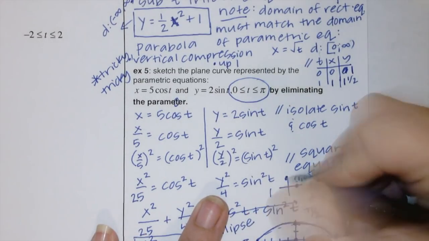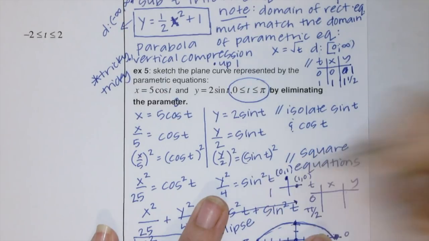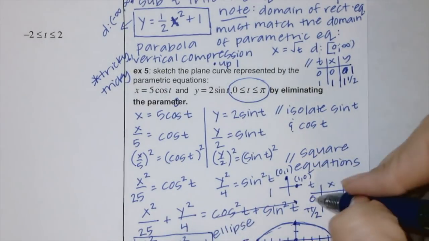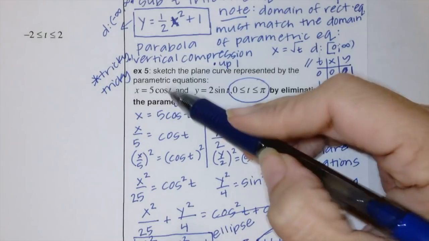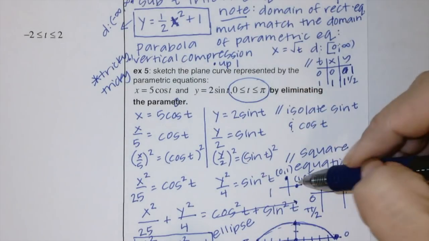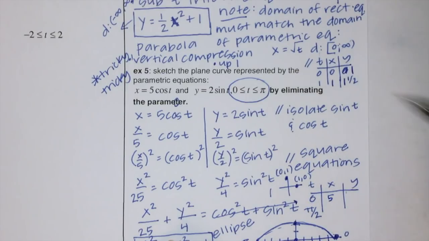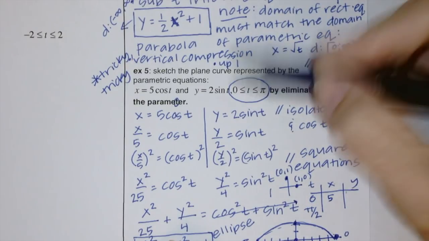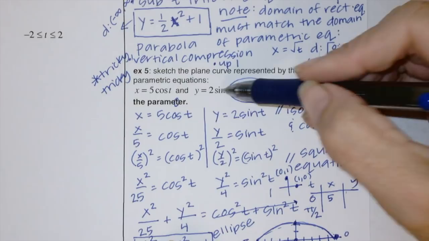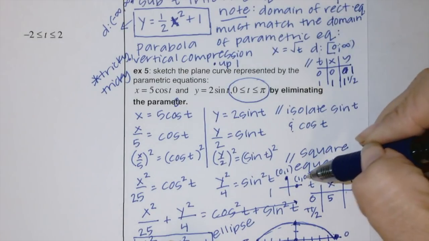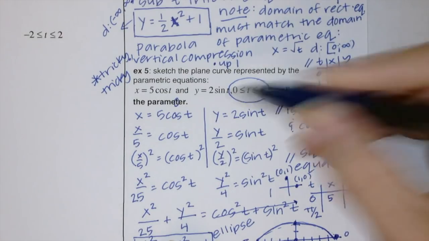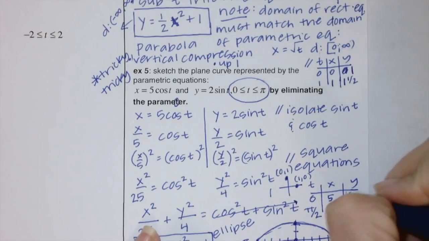And at pi over 2, which is up here, it's 0, 1. When I plug 0 into this first parametric equation, the cosine of 0 is 1, and then I multiply it by 5, so I get 5. And when I plug 0 into the second equation, sine of 0 is 0, and 2 times 0 is 0.